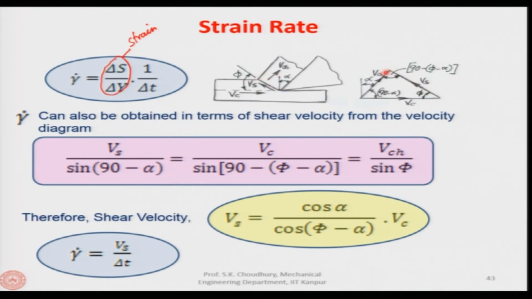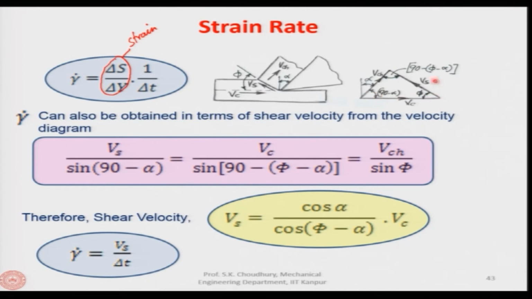So, we have the Vch, Vc and the Vs, and we know the angle between the Vs and Vc, here this angle, we have seen that this angle is phi. Between the Vch and the line perpendicular to Vc is the alpha. So, this is alpha. So, therefore, this is 90 minus alpha, and this is 90 minus phi minus alpha.